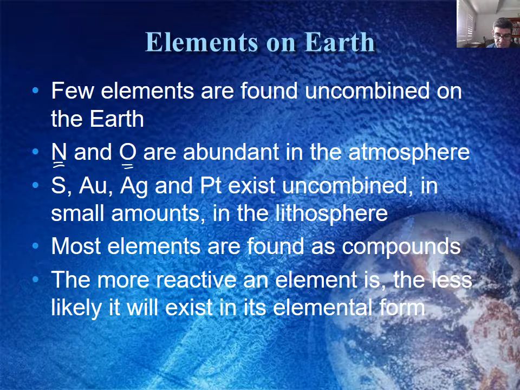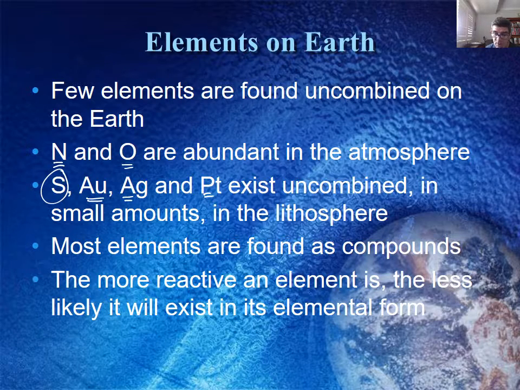Within the lithosphere itself, though, there's a very small number of uncombined elements, and those uncombined elements are either very common, such as sulfur produced in volcanic activity, or those precious metals, gold and silver and also platinum, that are in such small quantities and whose properties are so desirable that they are very expensive to purchase and very lucrative if you can find them.